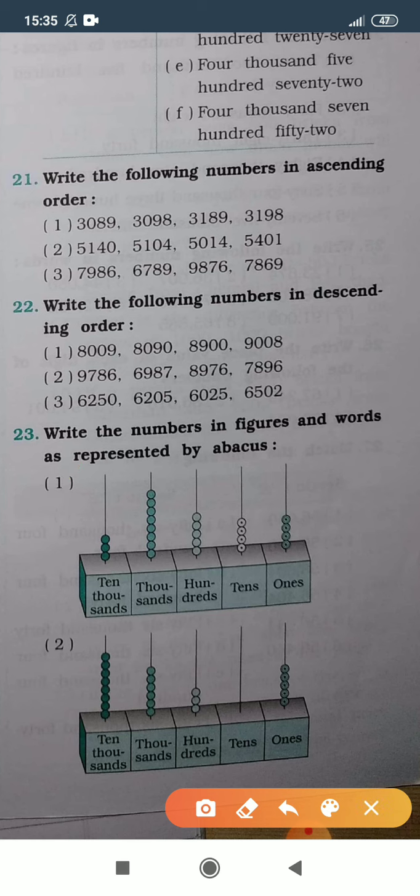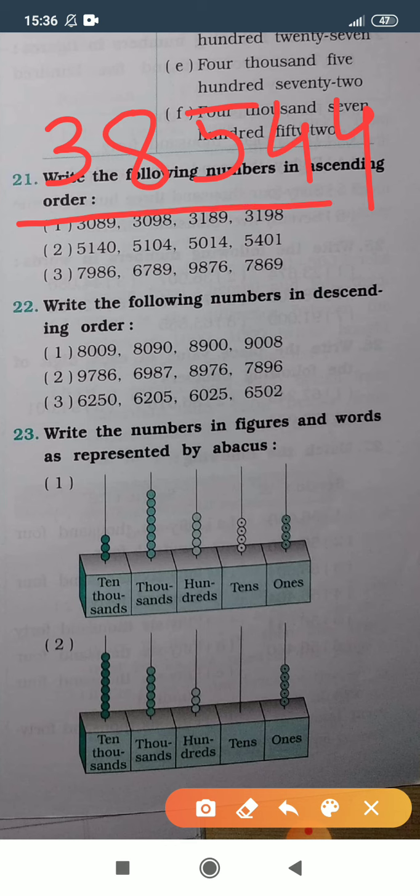In question number 1 the first row contains 3 beads. In second row let's count 1 2 3 4 5 6 7 8. 8. In third row 5. In fourth row 4 and last row 4. So your number is 38544.